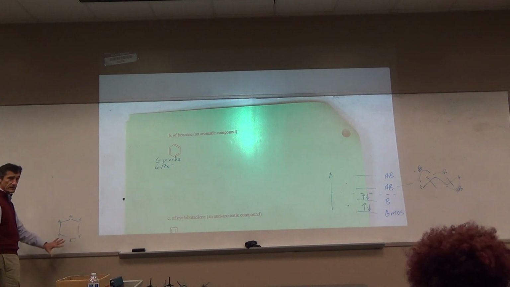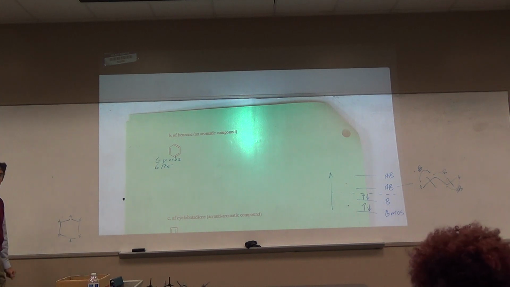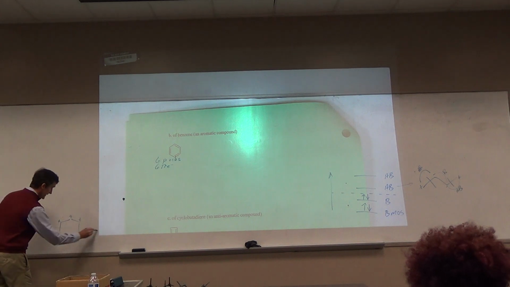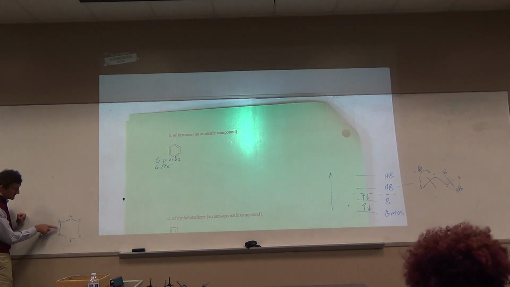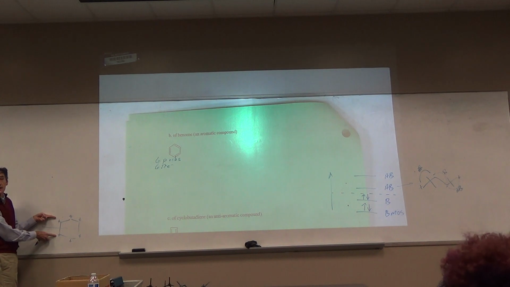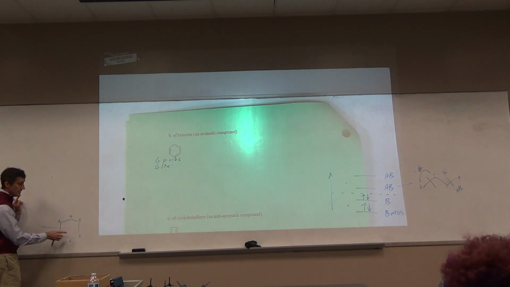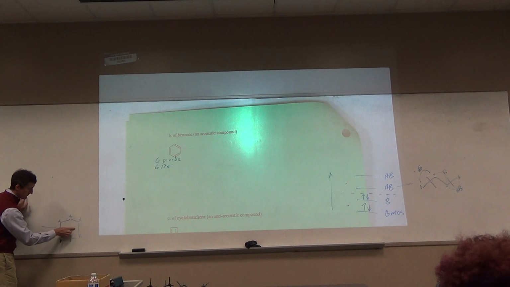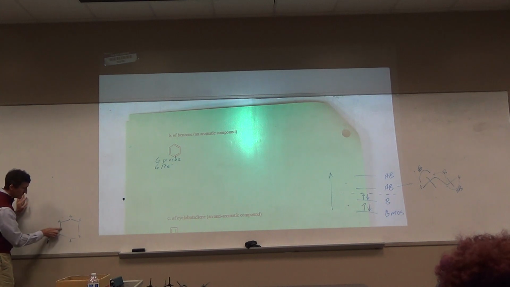How many nodes here? 0. A node would be something like this. That means there's no electron density between here and here. That would come from no overlap, an antibonding interaction. But we have interaction all the way around. 0 nodes. Your first one has 0 nodes.